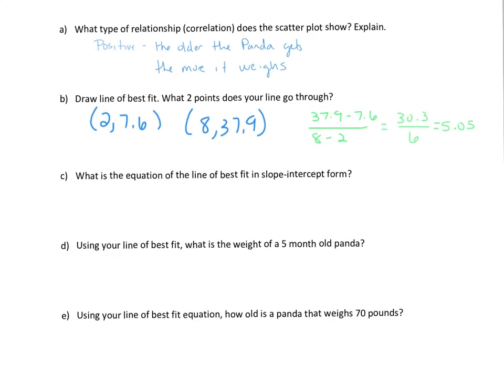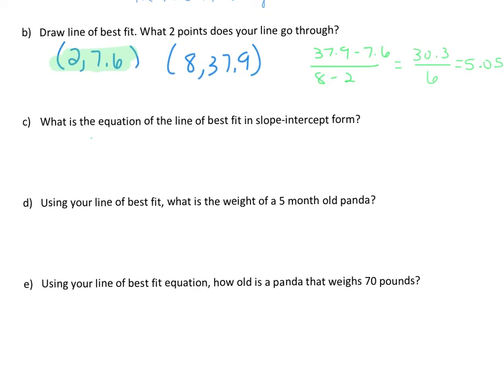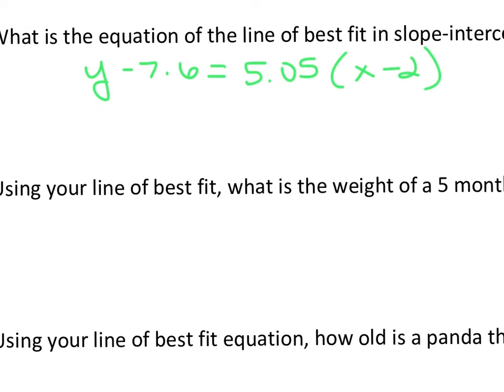All right, I'm going to go ahead and just use the first coordinate point here. So I have y minus 7.6 equals 5.05 times x minus 2. Okay, so now I'm going to go ahead and solve that.